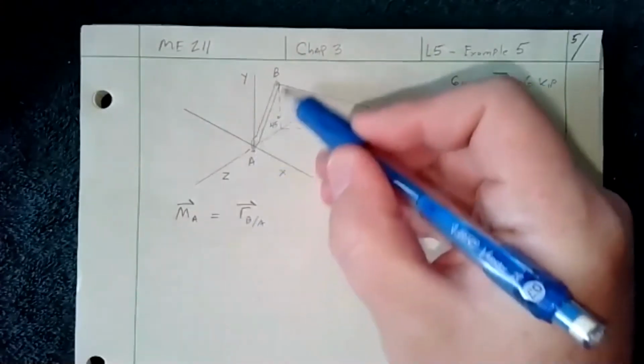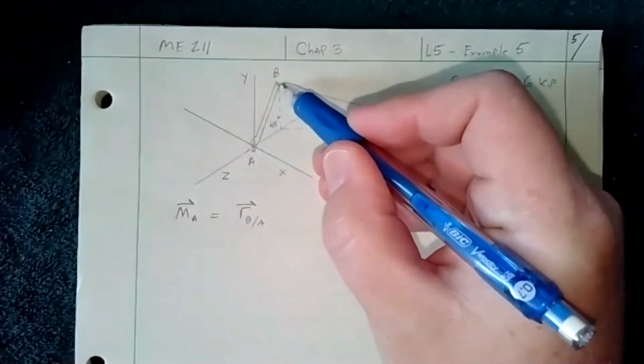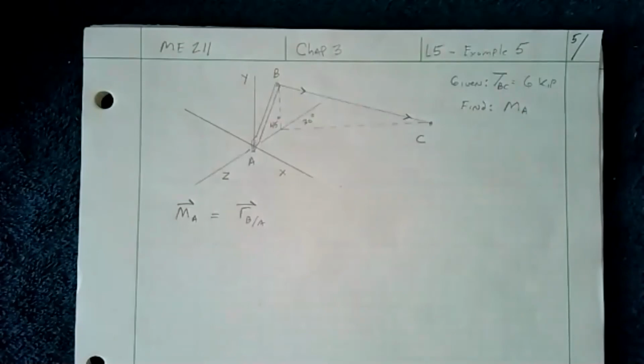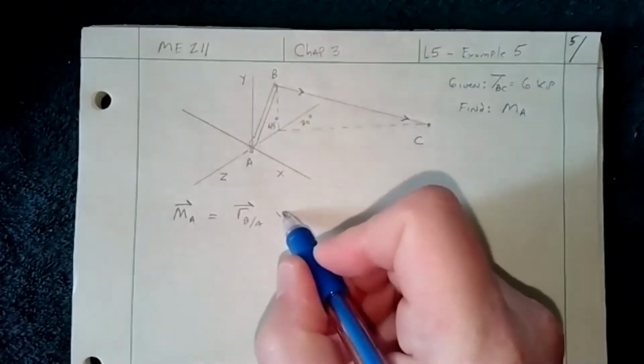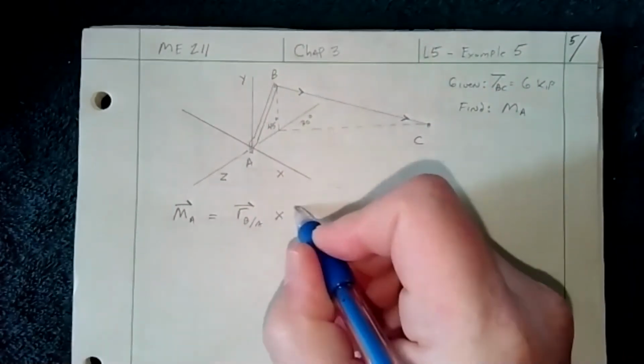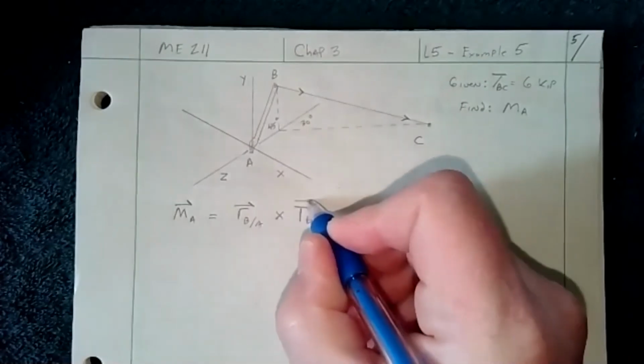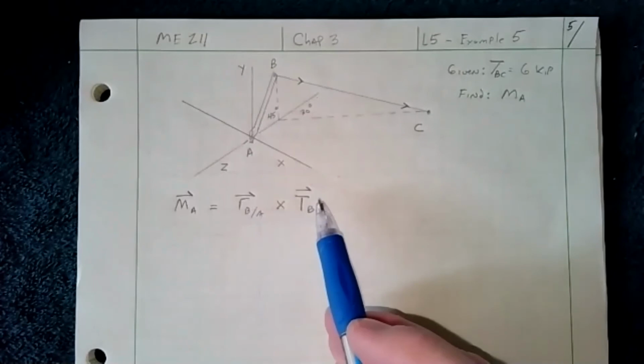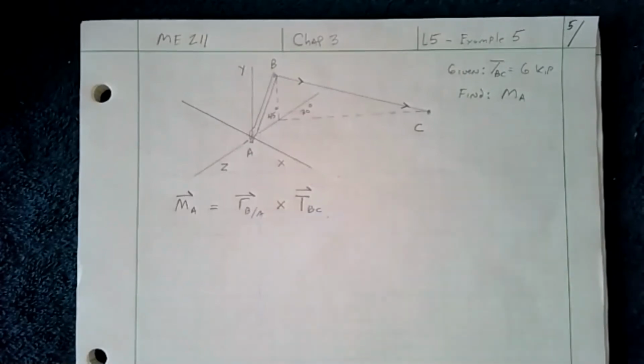Because we want to go from A to B, always to where the force is. Now we know the force is going like that. So that's going to be crossed with whatever our tension BC is. So once we figure out this vector and that vector, then we just cross them and we're done.